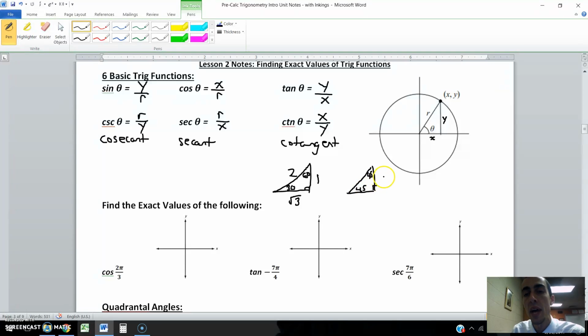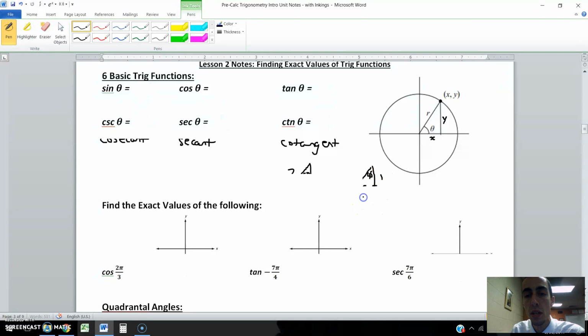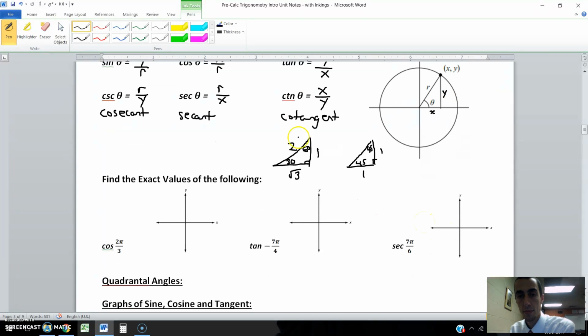For 45, 45, 90, one basic example has side lengths of 1 unit across from the 45s, and a root 2 length for the hypotenuse across from the right angle. So we're going to use these along with the reference angle concept from yesterday.